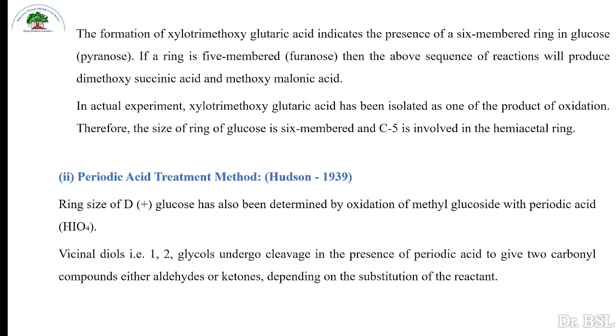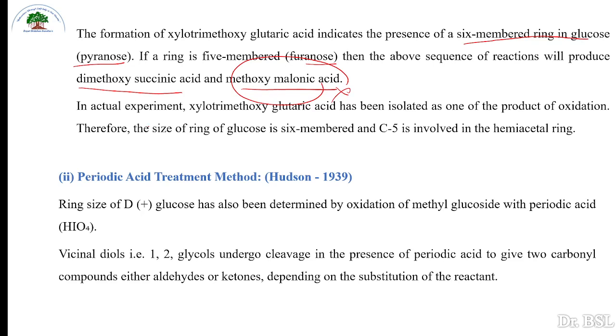The formation of xylotrimethoxyglutaric acid indicates the presence of a six-membered ring in glucose, that is the pyranose ring. If the ring is five-membered or furanose, then the above sequence of reaction will produce dimethoxysuccinic acid and methoxymalonic acid, which is not formed.